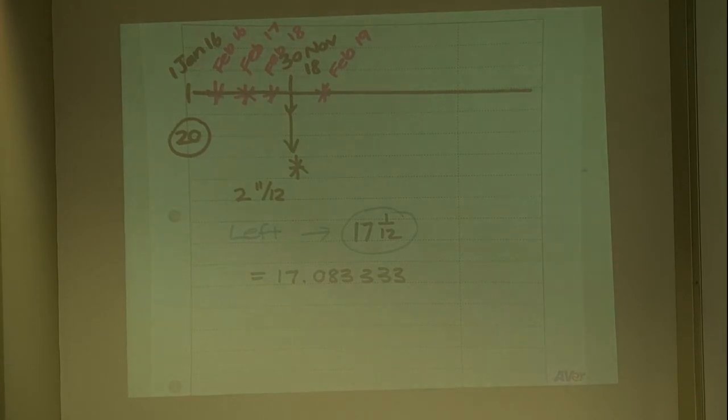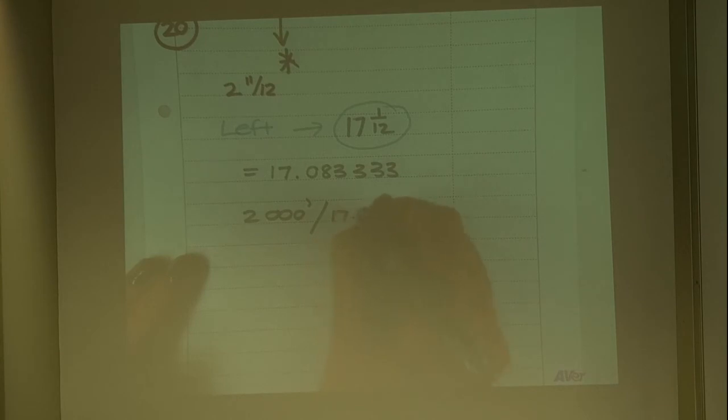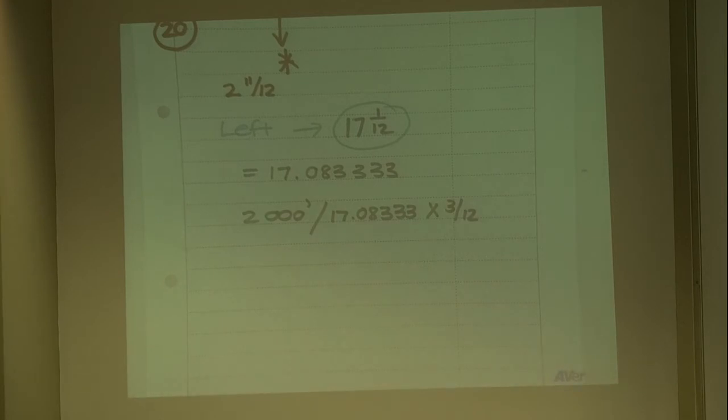So you could have also said the value of this improvement, which is 2 million rand, if you still wanted to work in years, you could say divided by 17.083333 and then times by, how we would normally do it, 3 over 12. So 2 different options in the way that you can calculate it. Either you can convert it to a monthly calculation, but be careful then you are multiplying by months. Or you can keep it in years, work out what the yearly fraction is, and then multiply by 3 over 12.